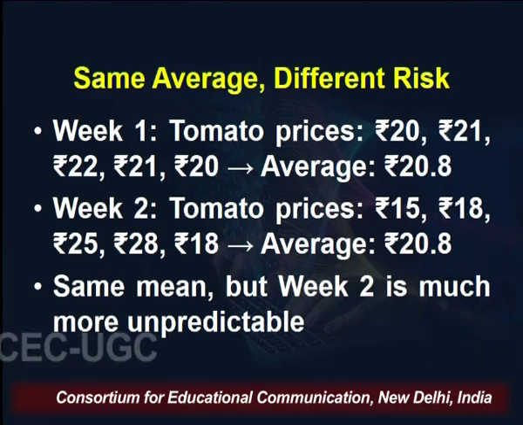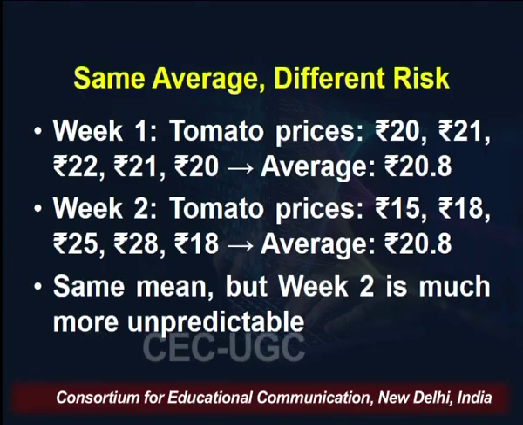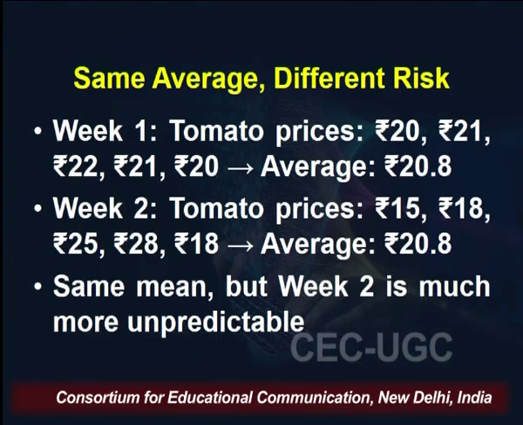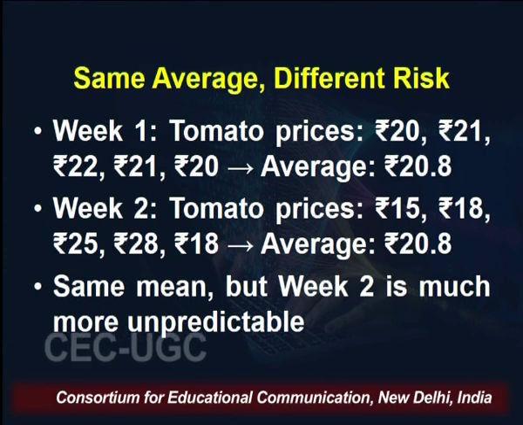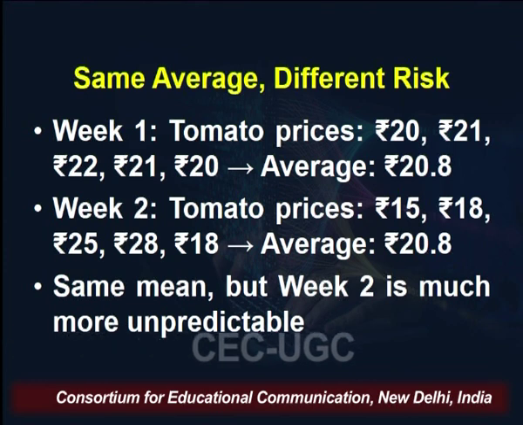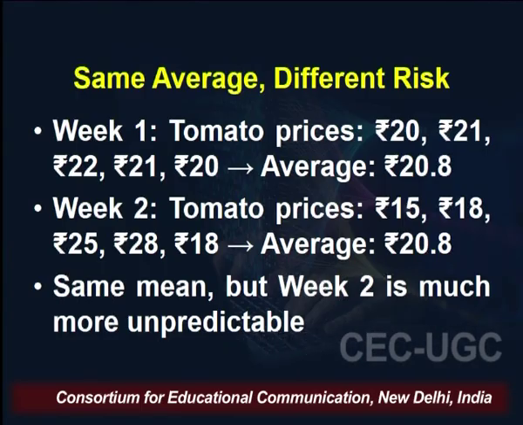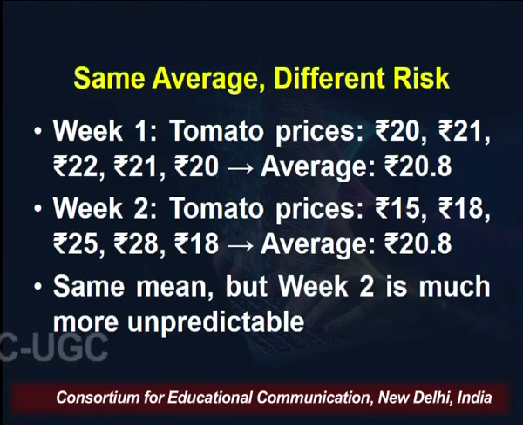But you can see by the numbers, the mean stays the same, but week 2 is much more unpredictable. In week 1, the prices go from rupees 20 to 22, whereas week 2 is much more volatile. The prices vary from rupees 15 all the way to rupees 28. Week 2 is much less predictable and it's much more difficult to plan your inventory.